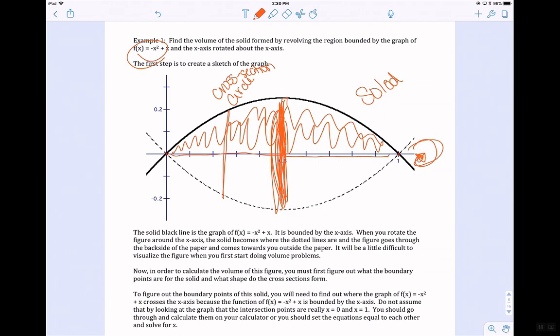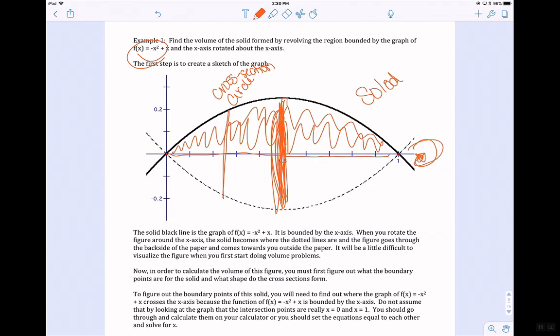When I slice it and turn it towards me, it looks like a circle. Because of that, we're going to define volume to be the area of the cross section infinitely many times between the two intersection points. So volume is always defined as the antiderivative of area.